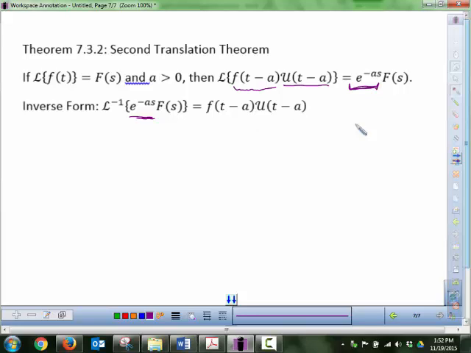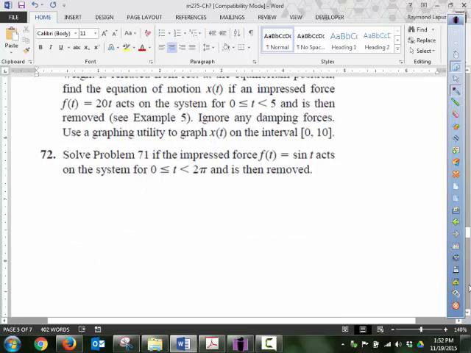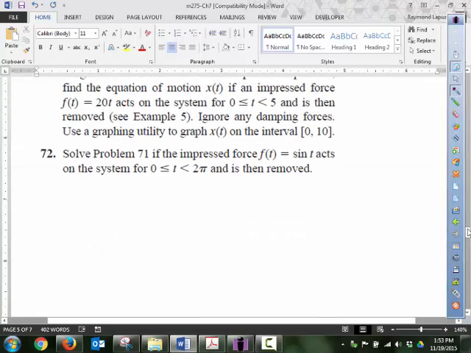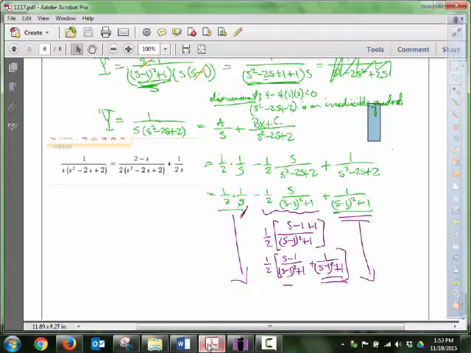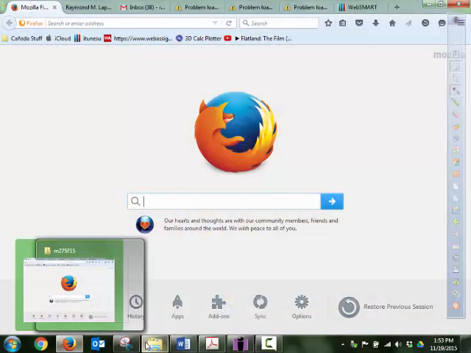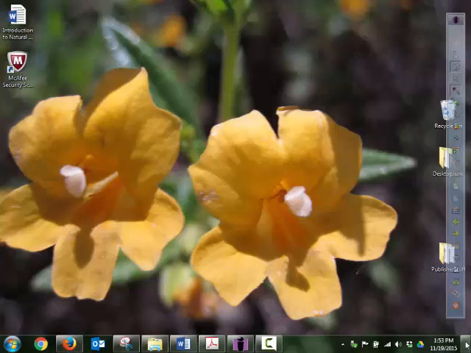All right, I suppose we should practice first before diving into a problem. I don't think I copied any warm-up problems here. Do I have the book open? I don't have the book open. The internet is slow. I'm going to pull up my copy of the book.